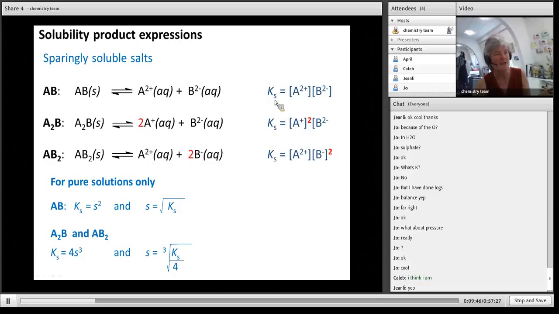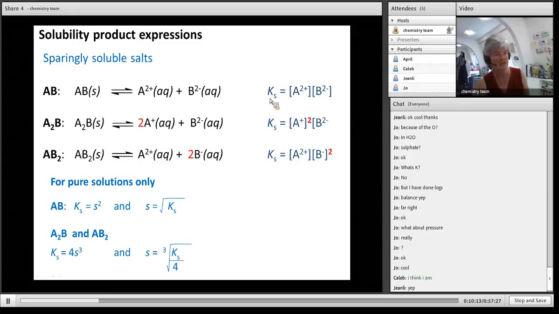It's quite intuitive. I have my products over here, and I divide them by my reactants. Because my reactant is a solid, its concentration doesn't change, so I can ignore it. It gets combined into the Ks constant when they work out the Ks values.